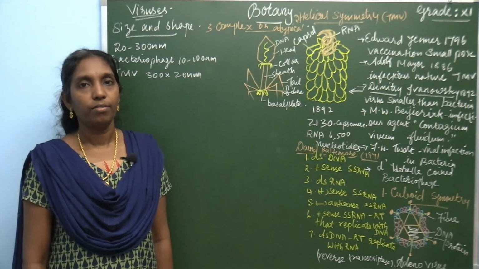These serious entities which cause diseases are ultra microscopic. These viruses are submicroscopic or ultra microscopic because we can see them only through a microscope. They are obligate intracellular parasites.